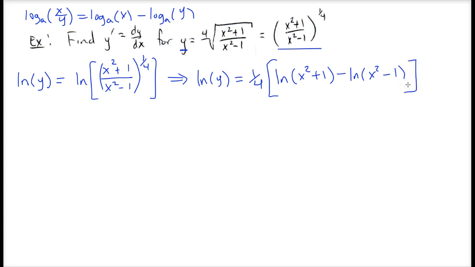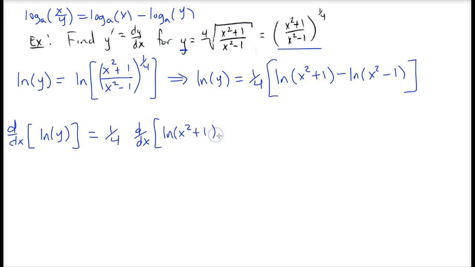Okay? And so from there, this turns out to be relatively easy to do as far as derivatives are concerned. We'll go ahead and take the derivative of both sides with respect to x here. And we'll ignore the 1/4. It'll be dy over dx of natural log of x squared plus 1 minus natural log of x squared minus 1.